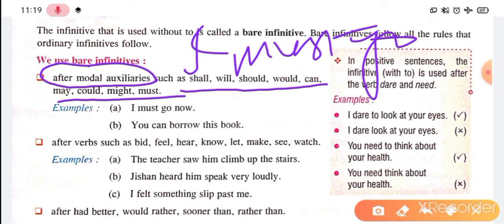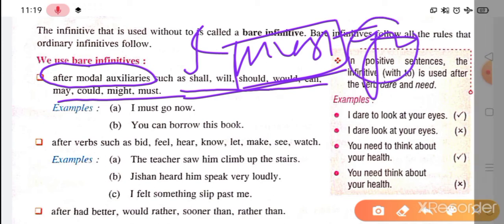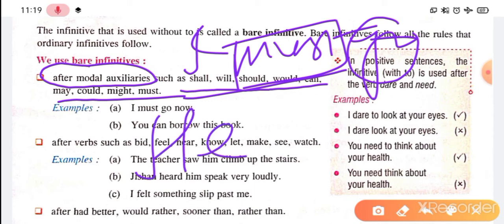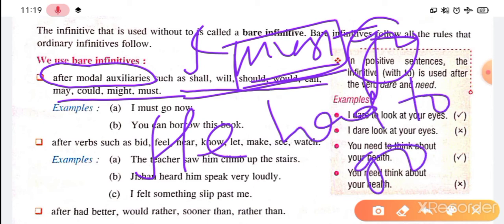It is the modal verb must, and V1 has been used here. Now suppose we are changing the tense, like in direct speech, if I make it he, must changes into had to and go, right?